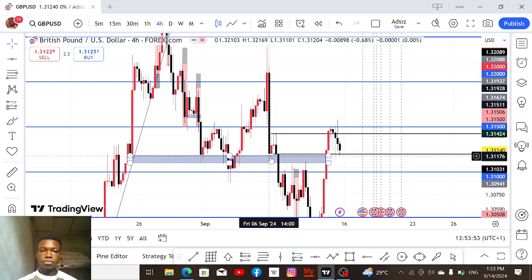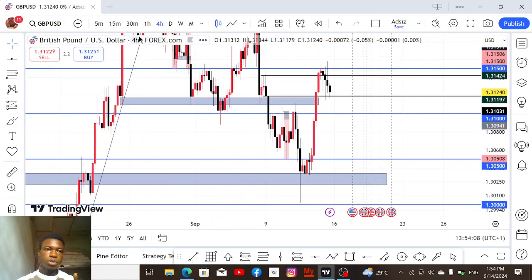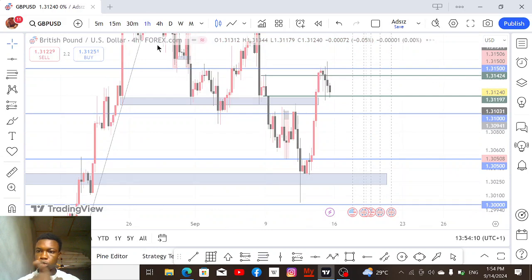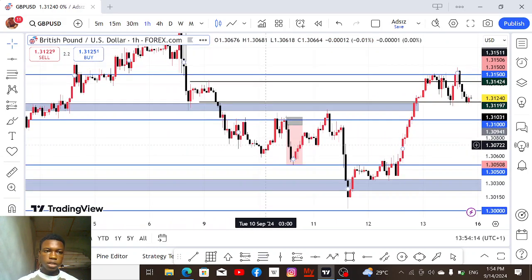I marked everything and I saw that there was a break of structure from this place, technically. Upon breaking the structure, if we go to the 1 hour, the structure of 131,000, you will see that there was a retest.